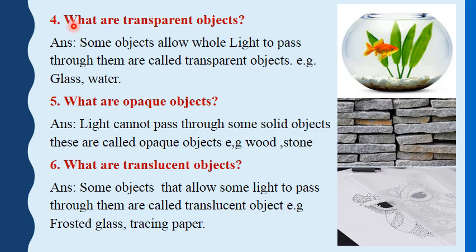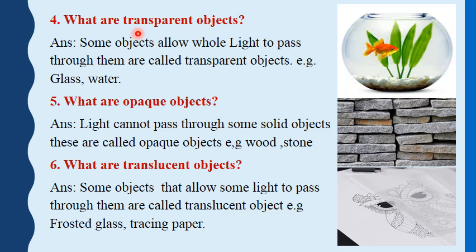Now question number 4, what are transparent objects? So some objects allow whole light to pass through them and are called transparent objects, like glass, water. It means some objects allow whole light to pass through them and we can see clearly through these objects.